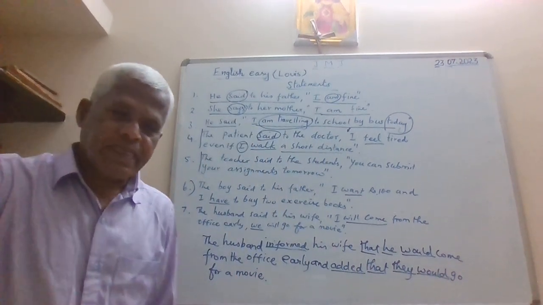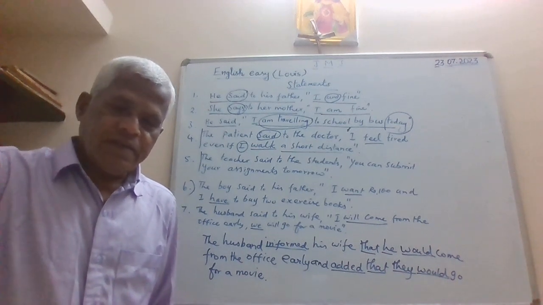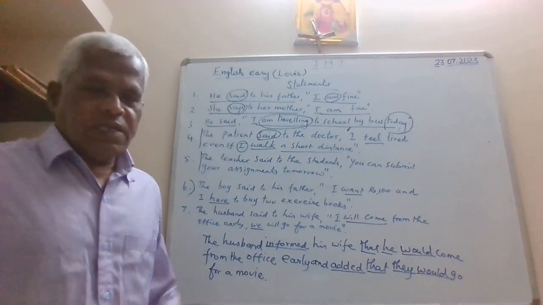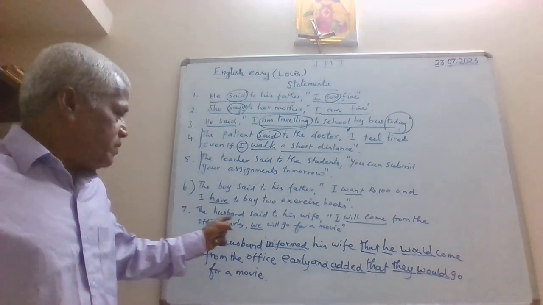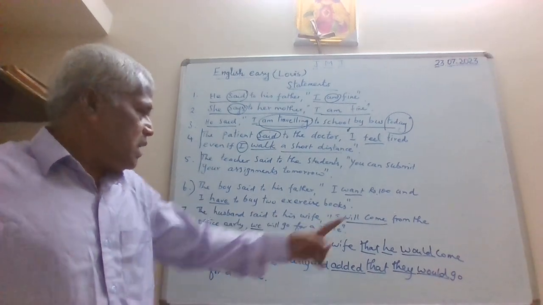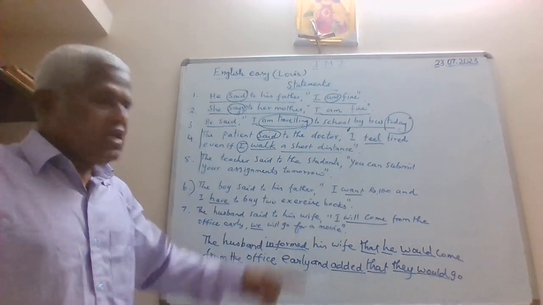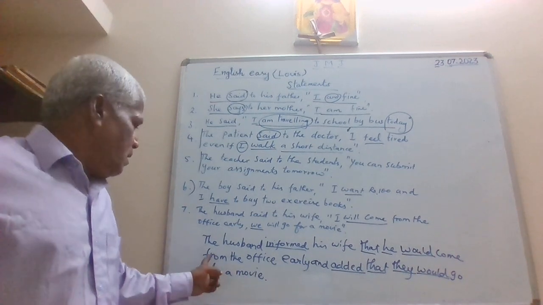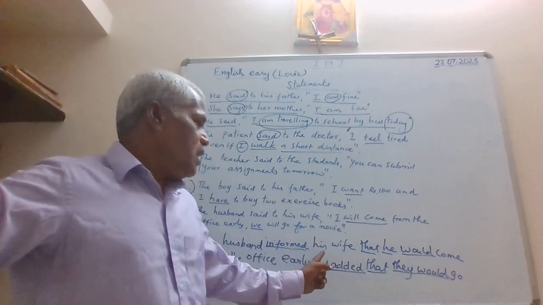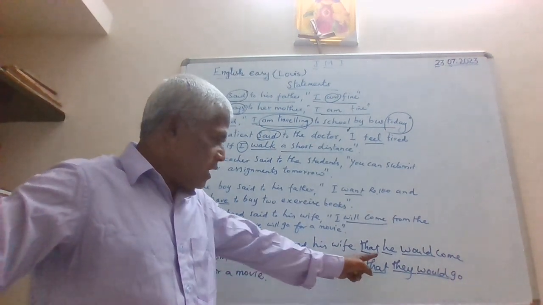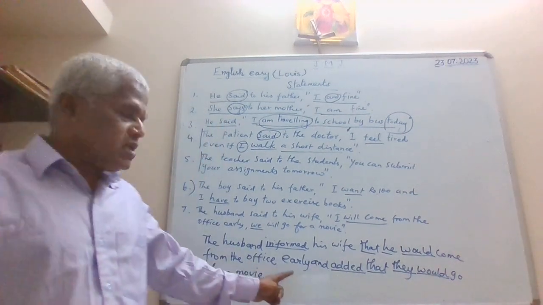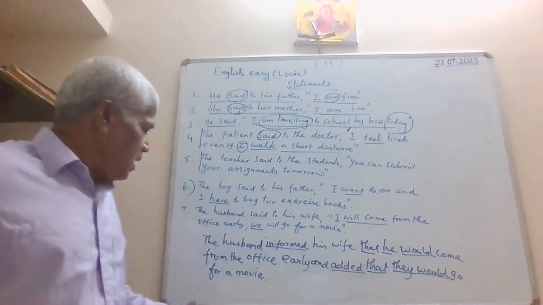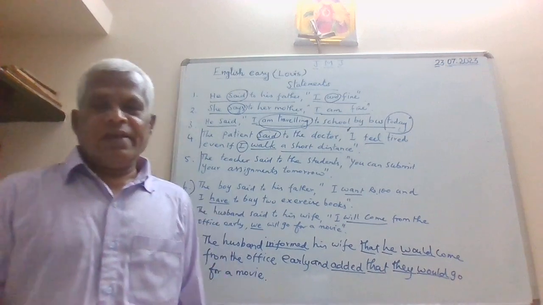See? Look at the sentence again. The husband said to his wife, I will come from the office early, we will go for a movie. The husband informed his wife that he would come from the office early and added that they would go for a movie.